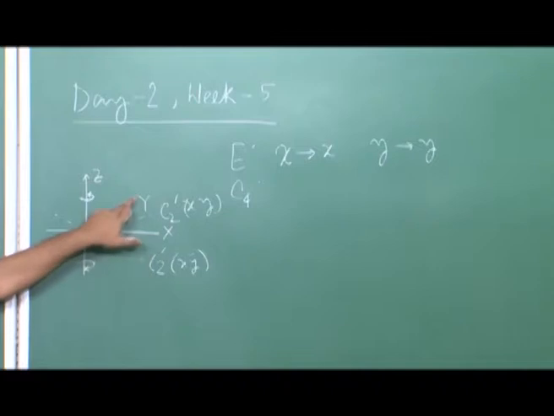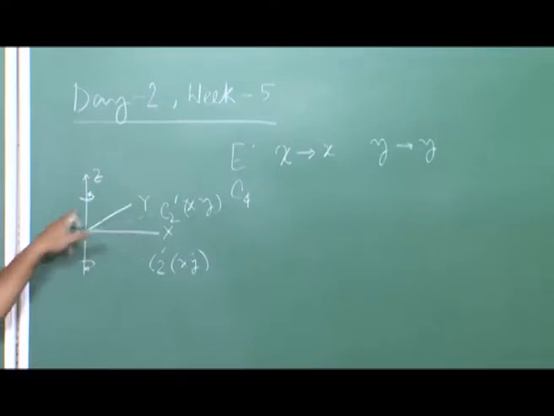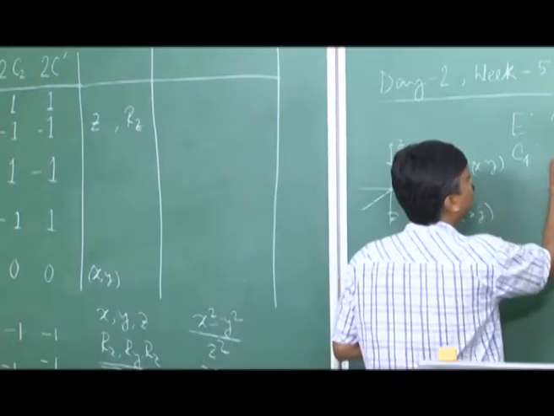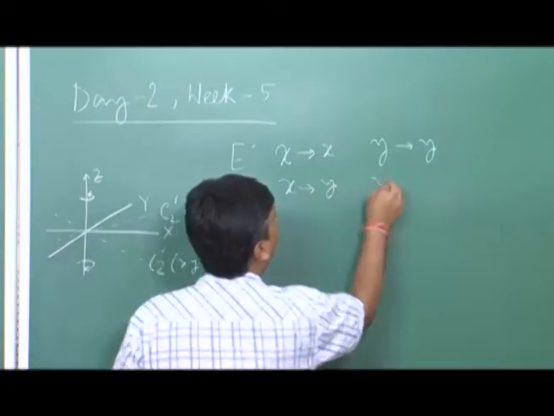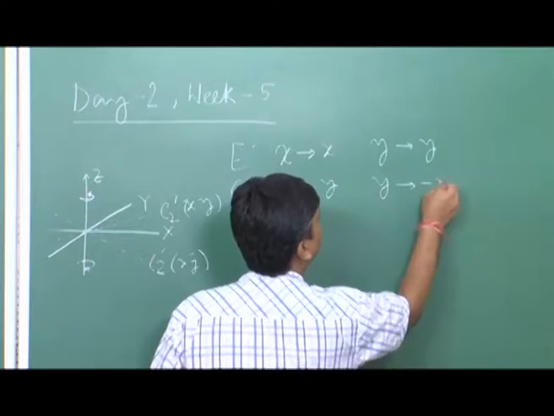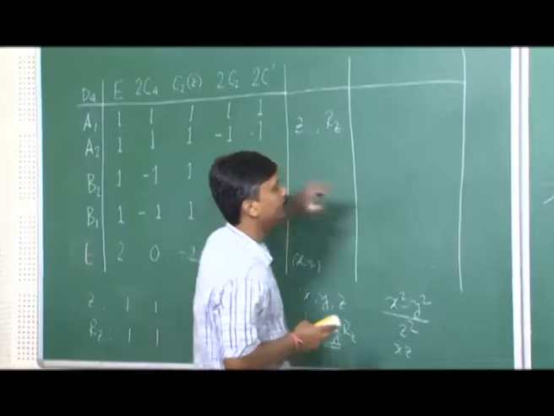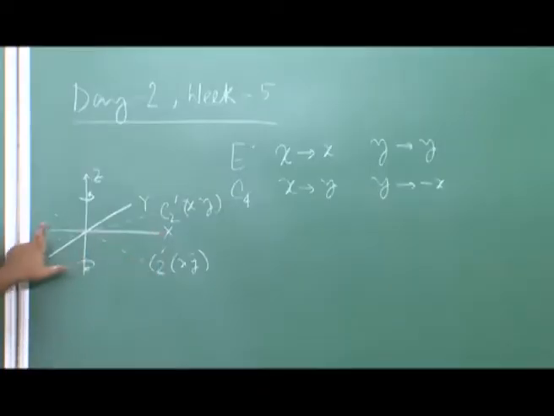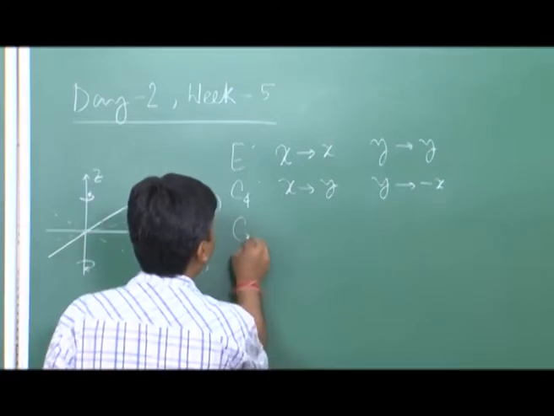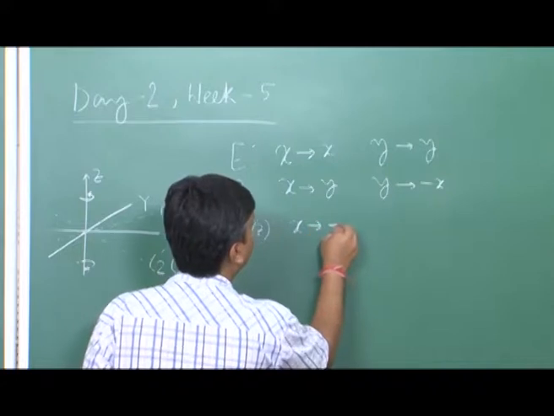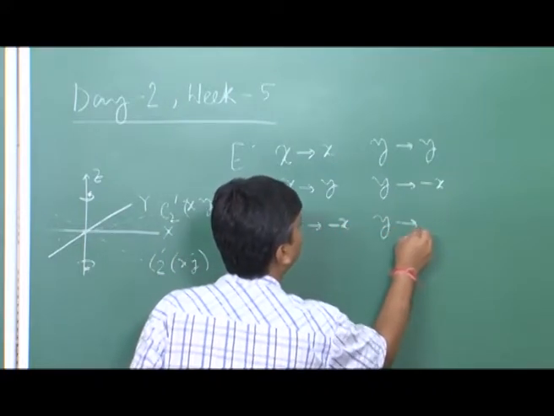C4, x becomes y and y becomes minus x, right? And C2z, x becomes minus x, y becomes minus y.